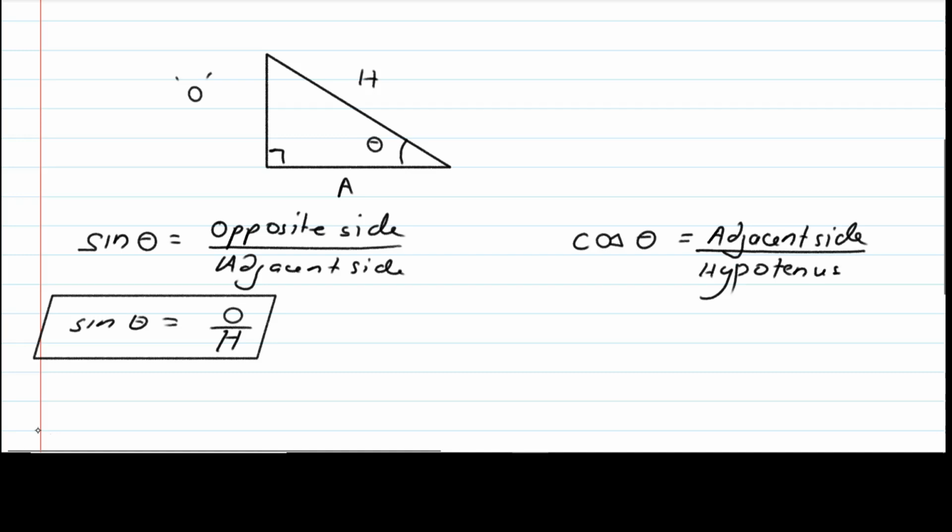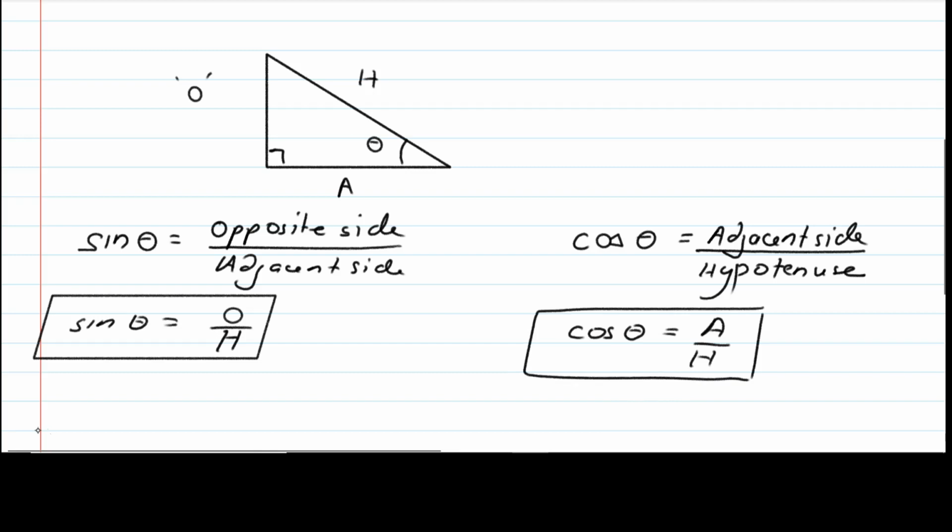And so this is going to be simply written as cos theta is equal to A over H. This is another important rule that you need to be able to remember.